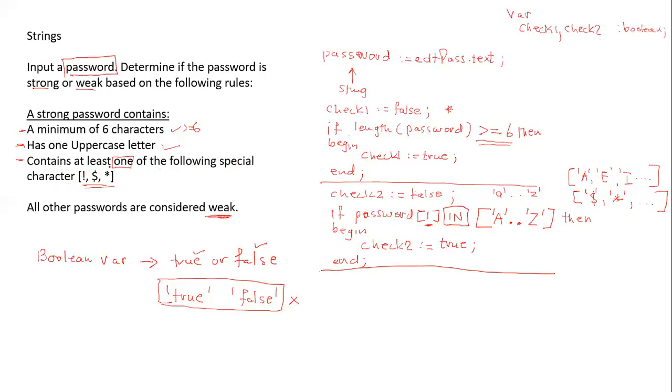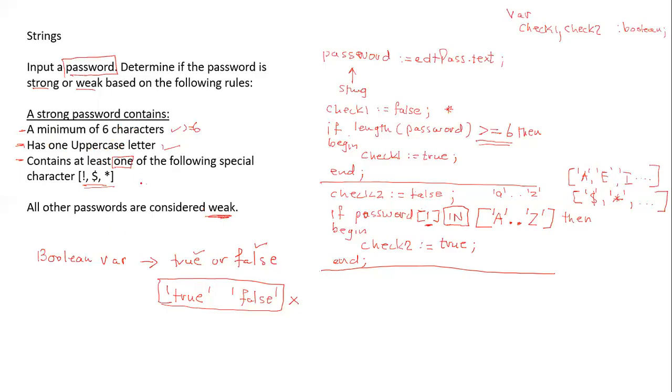This is a little more tricky because the password has multiple characters, and we don't know at which position the characters that we're looking for could possibly be. If we look at the previous two, we were looking at a specific condition. In other words, the length greater than or equal to 6, or the first character was uppercase. It was just a single check.